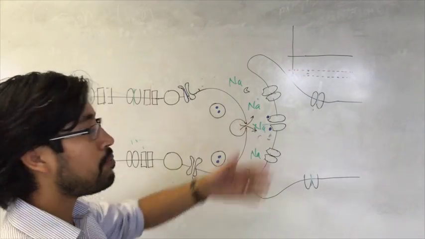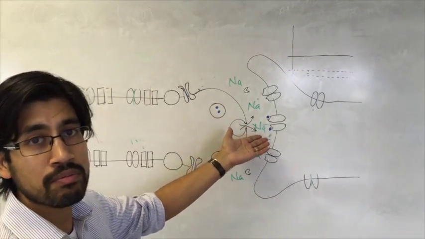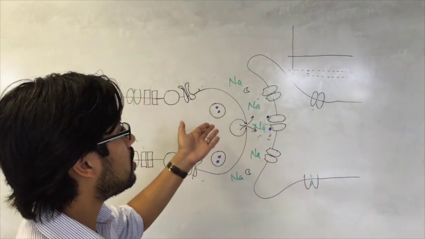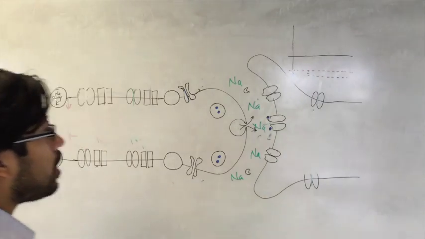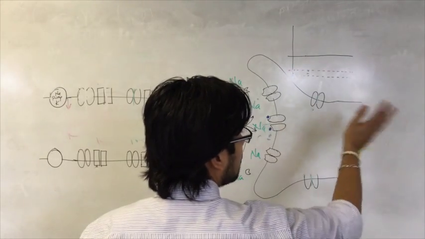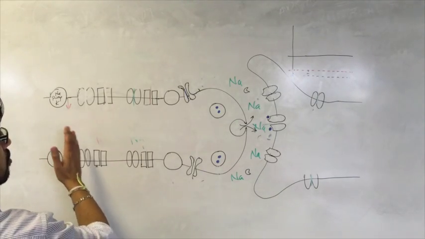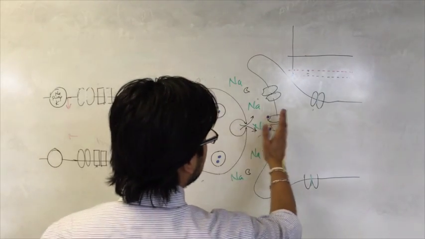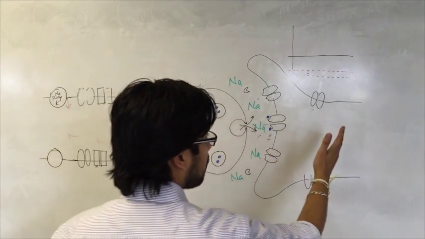It can't just remain bound to the channel, because it's going to let lots and lots of sodium enter the cell, and we don't want to keep firing a signal when all we needed was to make a signal in response to the signal that was coming down here.